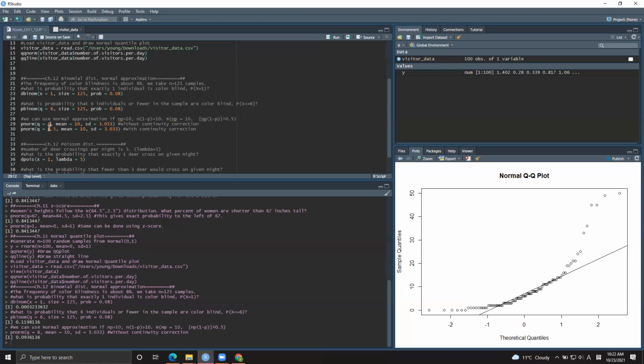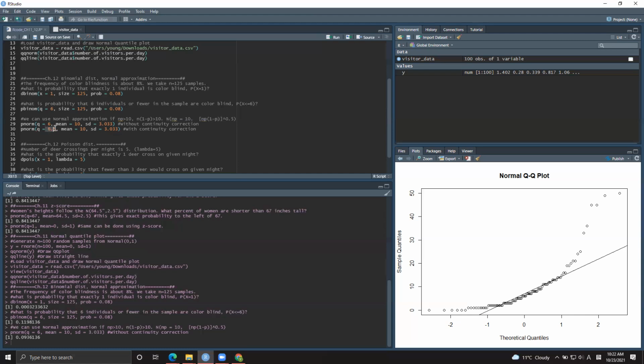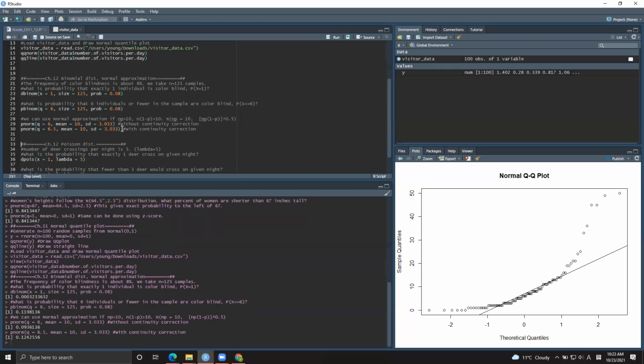You have 6, so the interval would go from 5.5 to 6.5 for the continuous case, but we are looking at the case where we are adding up everything to the left of this value. So we specify we want everything to the left of 6.5. So this pnorm, Q equals 6.5, mean and standard deviation the same as above. If you run it, you'll get about 12%. So this is more accurate than without the continuity correction.